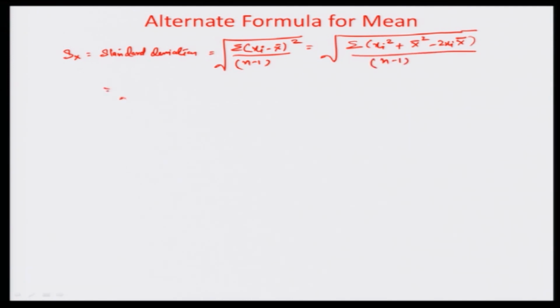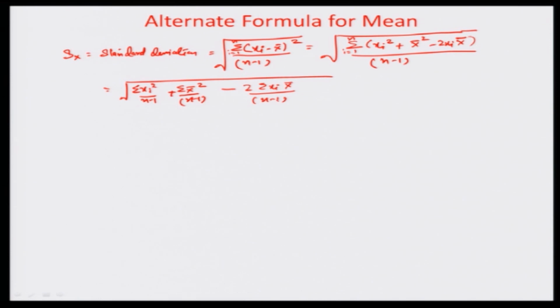You can further simplify this as sigma xi square by n minus 1 plus x bar square sigma, again divided by n minus 1, and the sigma, as I had mentioned earlier, is for samples from i equals 1 to n, so it is exactly n samples. Then we have twice sigma xi x bar by n minus 1.